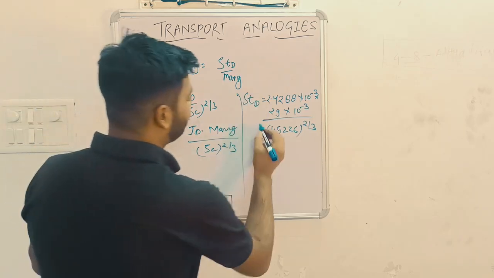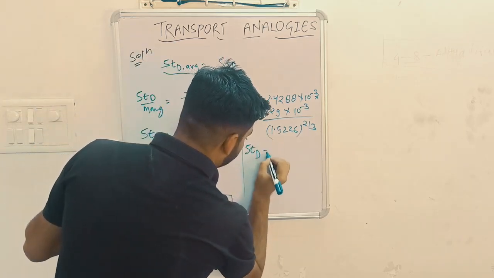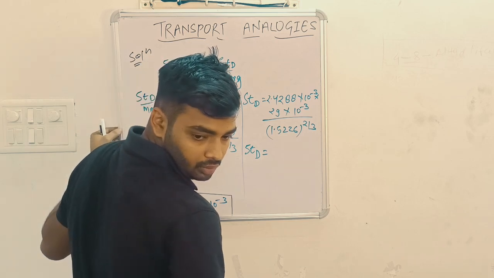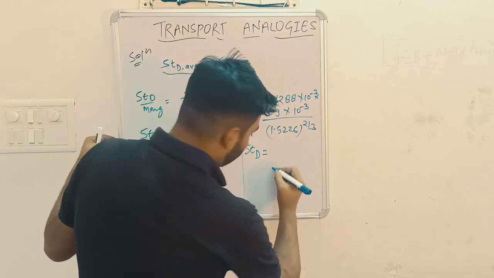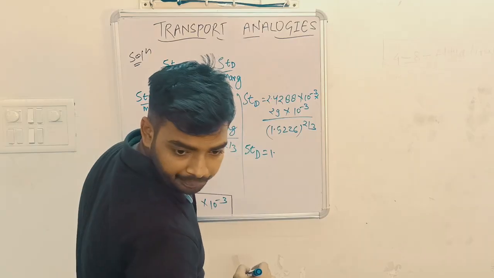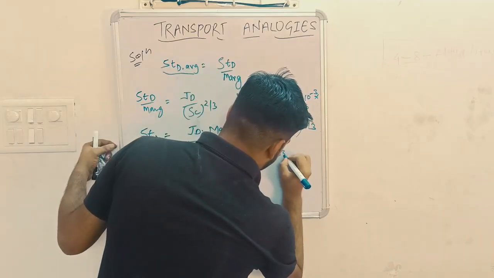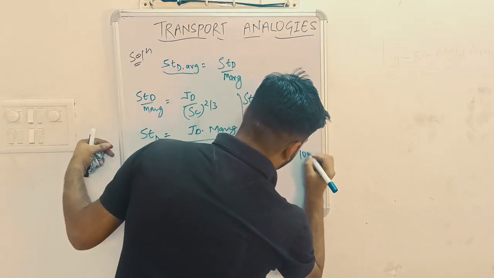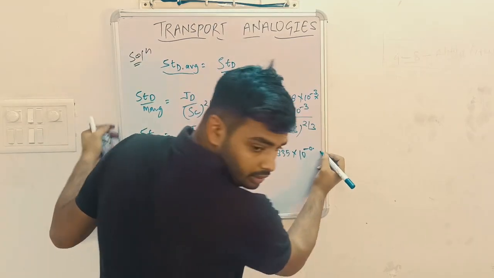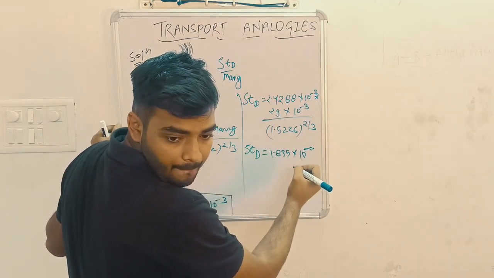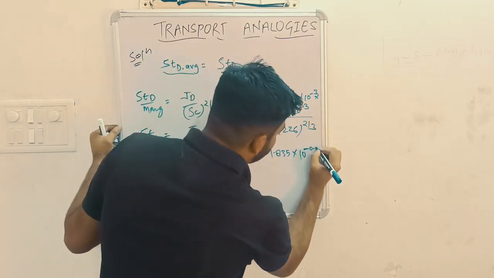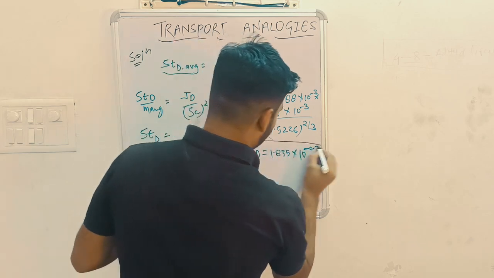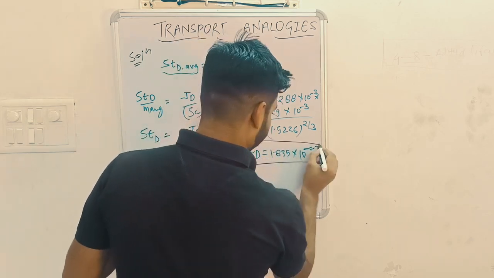So solving this value, we get Stanton number as 1.835 into 10 power minus 2. So this is the value for Stanton number.